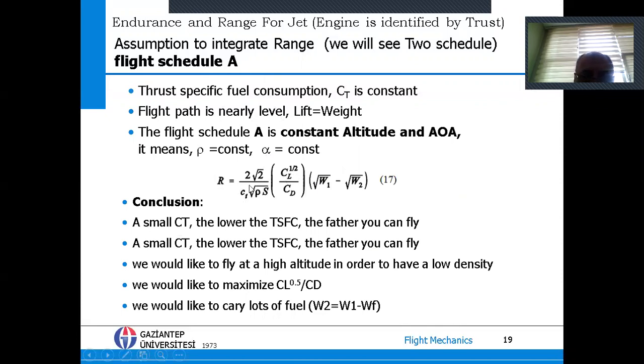Sorry, because I'm writing capital and small letters, but I think you are smart enough to know this is the specific fuel consumption. The lower the thrust specific fuel consumption, the farther you can fly, of course. This is obvious.